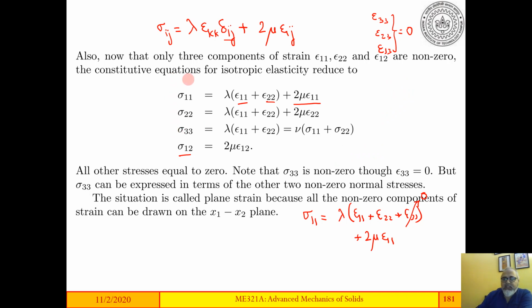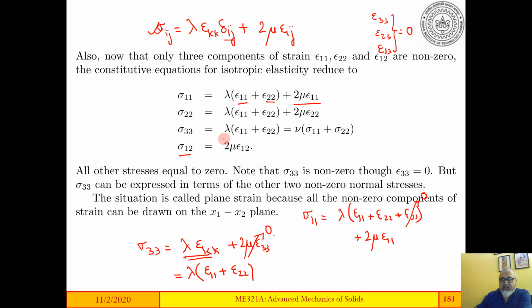The important thing to note is sigma 33. So sigma 33, if you look from here, will be lambda epsilon kk plus 2 mu epsilon 33, and now this is equal to 0 because epsilon 33 is 0, but this is there. So this will be equal to lambda times epsilon 11 plus epsilon 22.